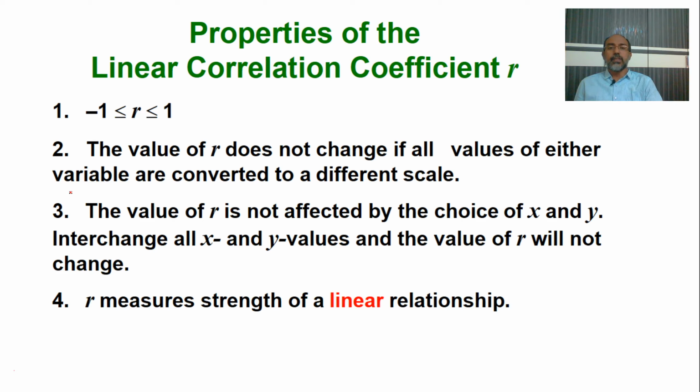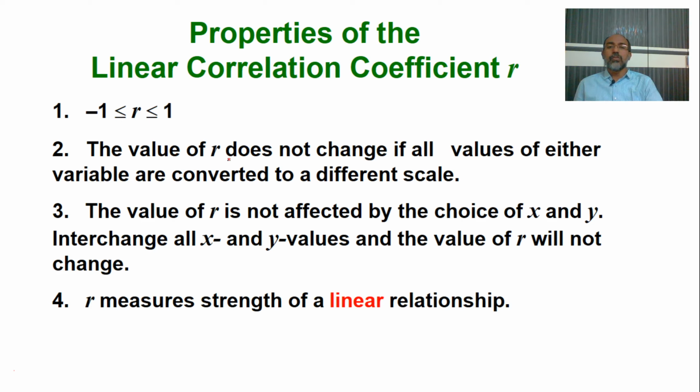Okay, so the same is expressed in the same way: minus 1 less than or equal to r, less than or equal to plus 1. This is what we expressed just now.